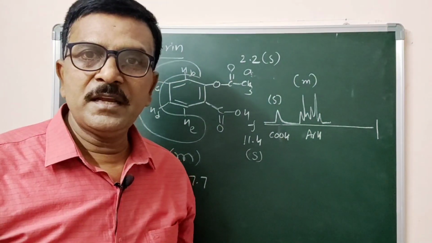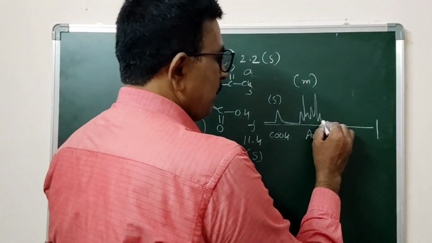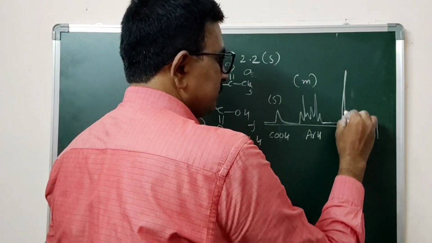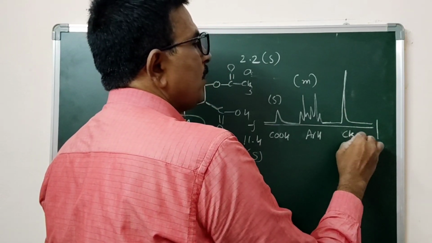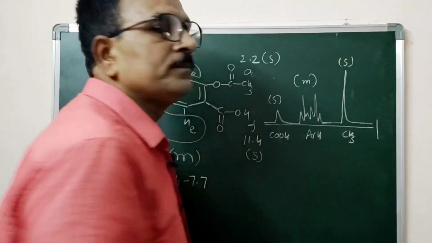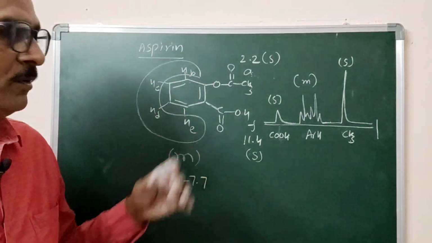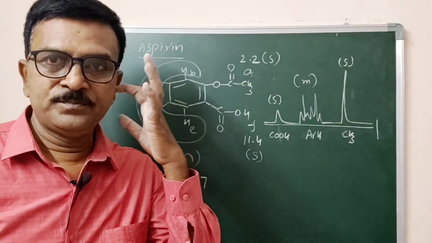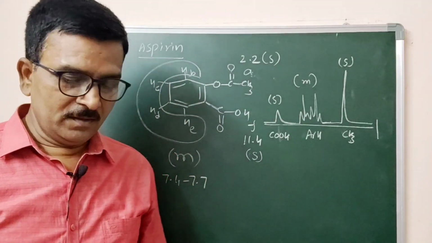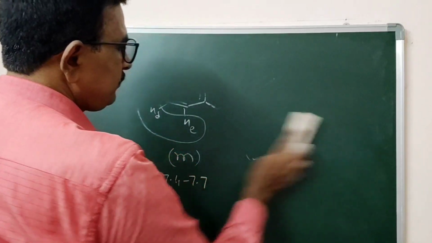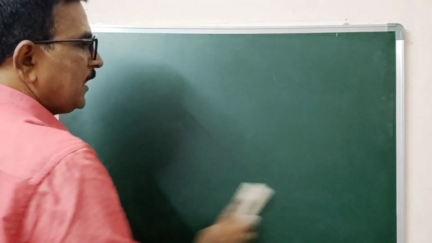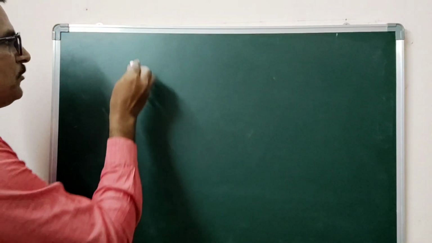This is the multiplicity that appeared. And A proton as a singlet, that is CH3 proton appears as a singlet. So, this is about the aspirin spectrum. Is it clear? Now, coming to another example, ethyl benzoate.